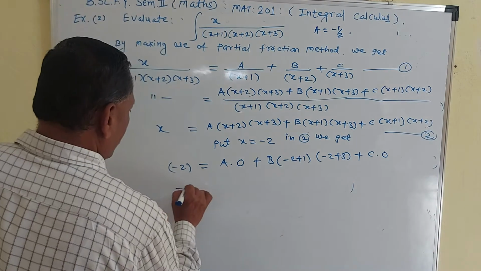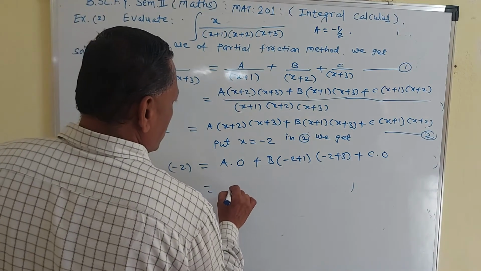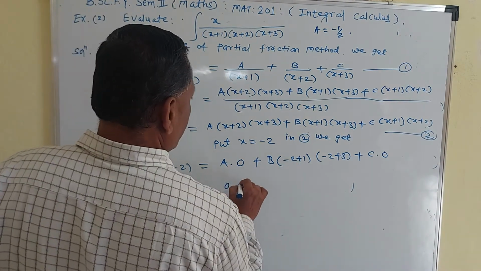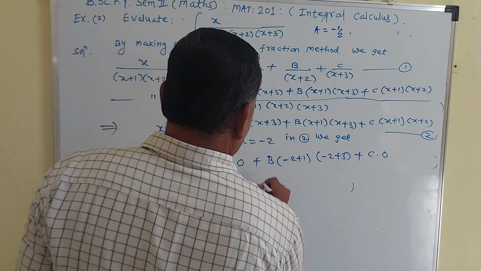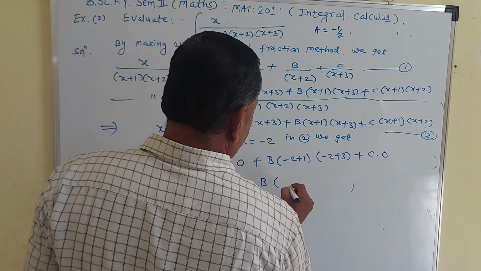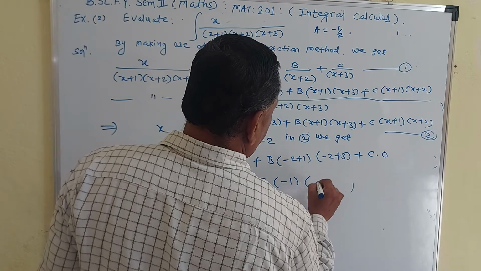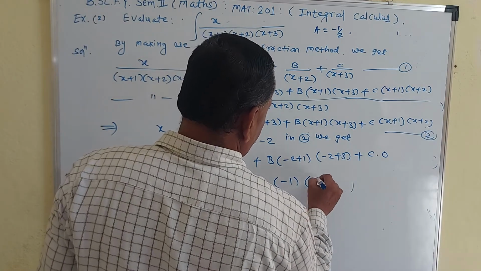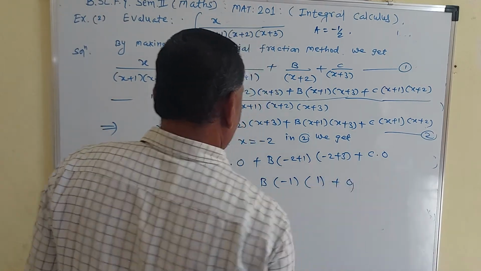Therefore minus 2 is equal to 0, plus minus 2 plus 1 means minus 1, into minus 2 plus 3 means 1, plus 0.